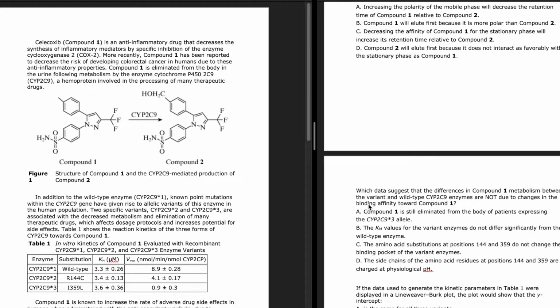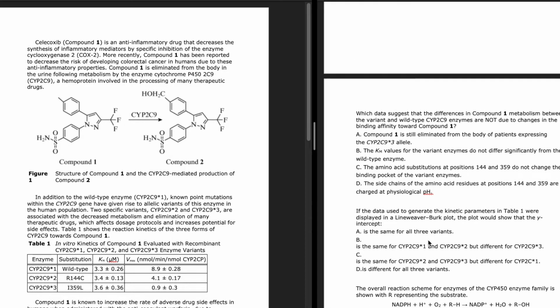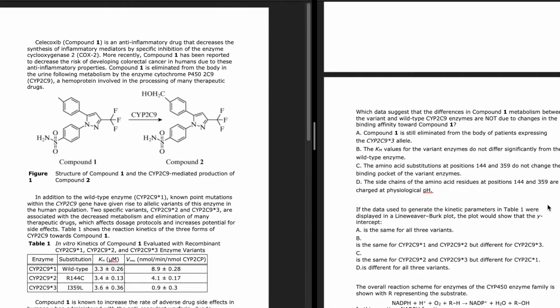So it asks about binding affinity. And what do I know about binding affinity? I know that binding affinity is represented as Km. And if we look in my passage information column, I know that Michaelis-Menten data is listed in table 1. So really, this question is asking, what about this data suggests that the differences are not due to Km?